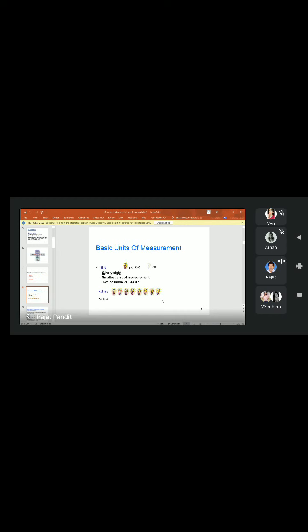It is not in your syllabus, so we are not showing how we can manually convert a decimal number system into binary, octal to decimal, or octal to binary. There is a mathematical way by which you can convert.